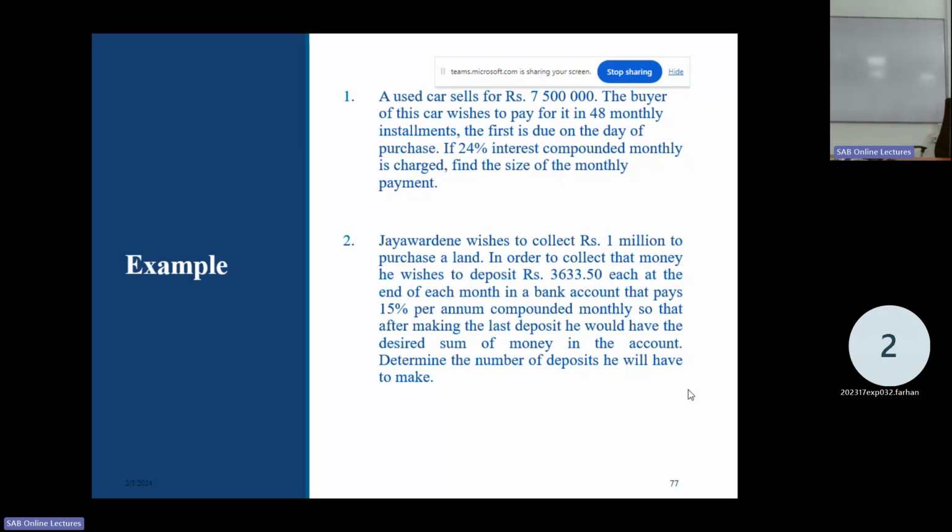This deposit of 3,633 at the end of each month goes into an account which pays 15% annually, compounding monthly. So 1 million is equal to the future value of your deposits. What is the applicable formula to solve this? The future value of annuity formula you have to apply. So the future value of your monthly deposits is equal to 1 million.